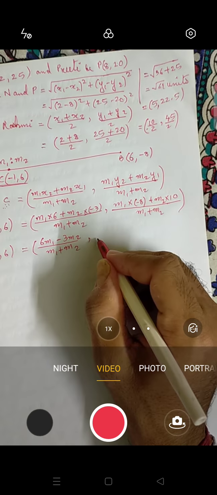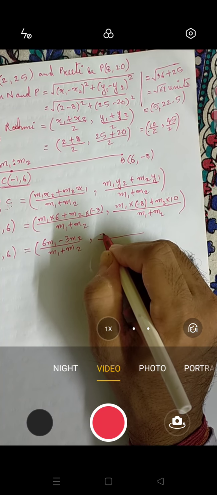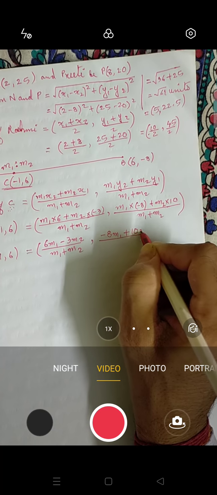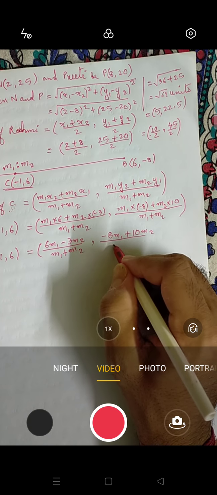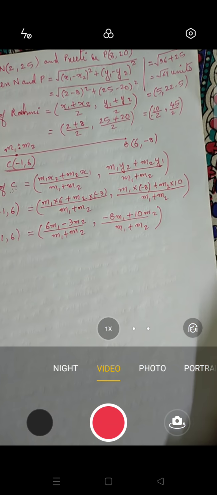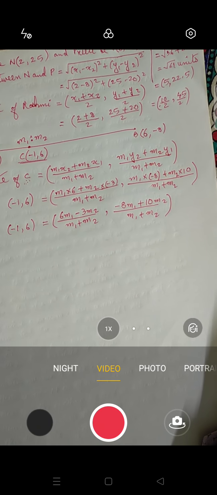This one will become minus 8m1 plus 10m2 by m1 plus m2. Any problem? Okay, we got till here.